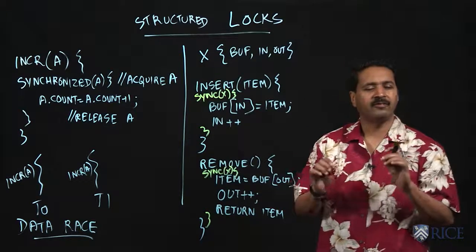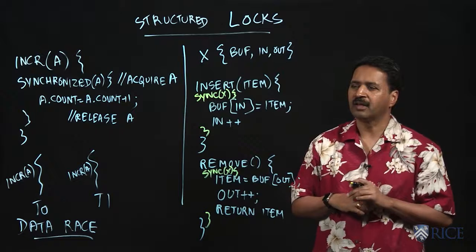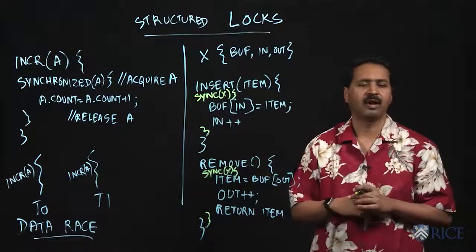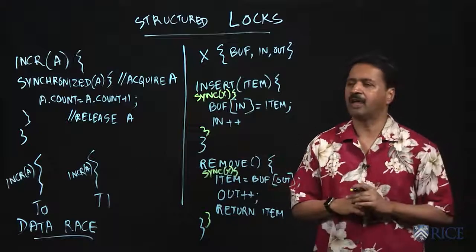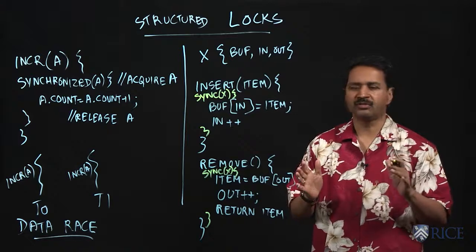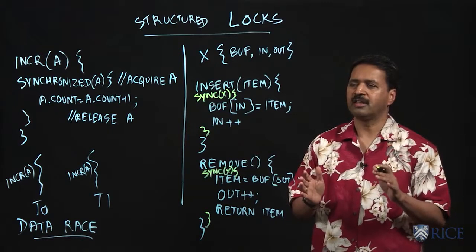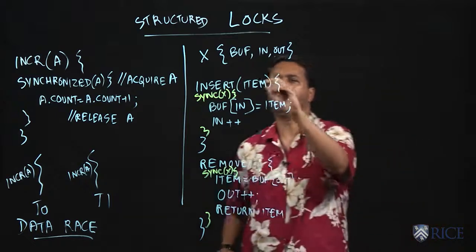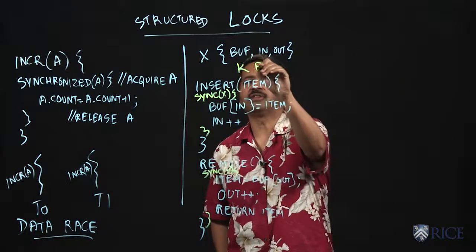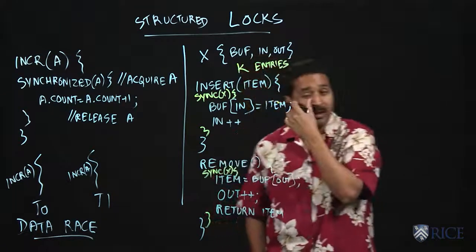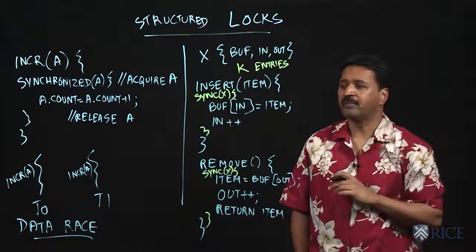Now there's one further subtlety. This was effectively an unbounded buffer. We kept incrementing the in and out indices and assumed that we had as much space as we needed in the array. Suppose for some reason we want to ensure that there are never more than some number k entries in the buffer at any time. Well, how do we do that?